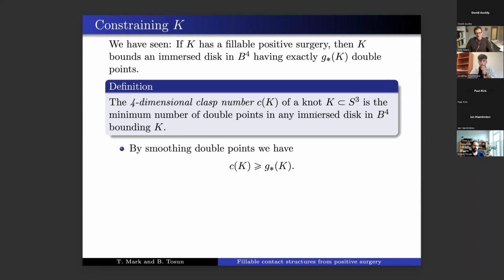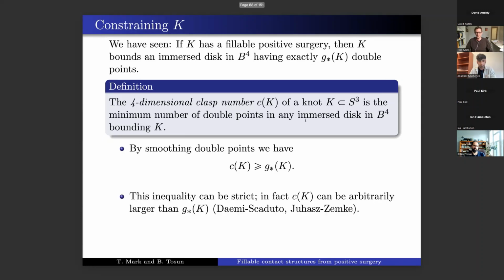Anytime you have an immersed disk like that, you can smooth it by adding genus, and you get a surface of genus C, so C has to be at least the slice genus. What we've shown is that if you have a fillable surgery, then these numbers have to be equal, but in general the clasp number can be much larger than the slice genus.